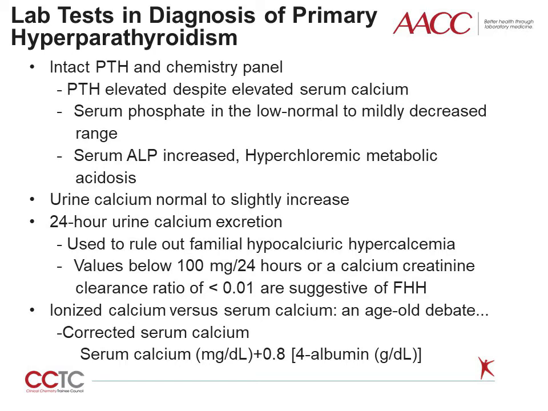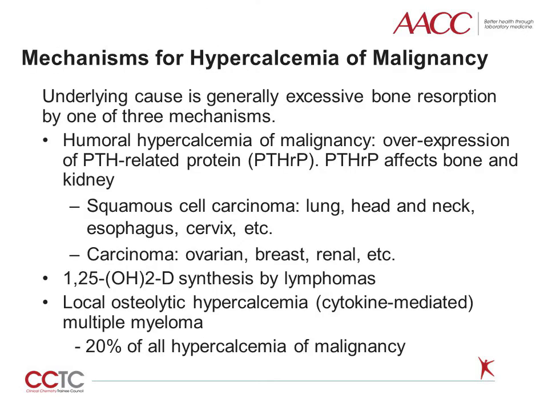Also, some labs, especially in Europe, use corrected serum calcium. There are many equations, but here is the most commonly used one: serum calcium plus 0.8 multiplied by 4 minus albumin.